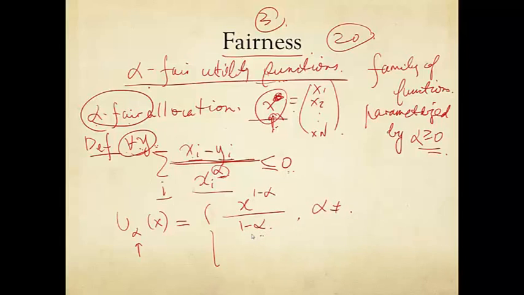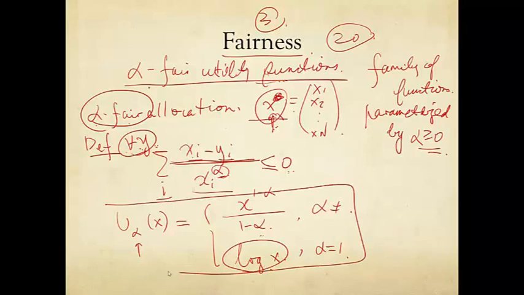But you can use L'Hopital's rule and see that when alpha is 1, this actually is log of x. Now you see the familiar and important special case of log utility. So if this is the definition of your utility function, then maximizing such a utility function will lead to an answer, the optimizer x star, that satisfies the definition of alpha fair allocation. That's why we call this the alpha fair utility function.